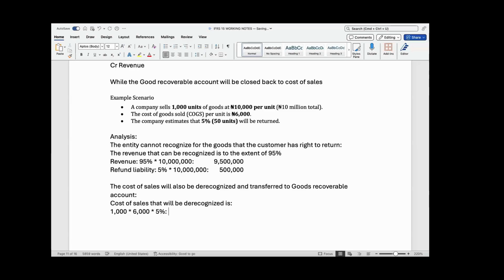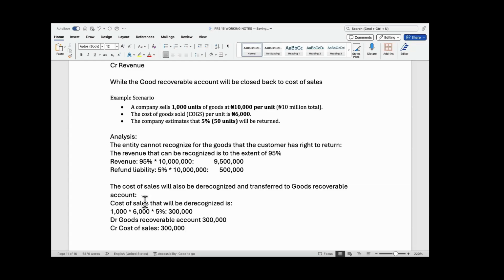How much is that? Is that 300,000? Yes, 300,000. Okay, debit goods recoverable accounts with 300,000. We take it away from our cost of sales with the same 300,000.